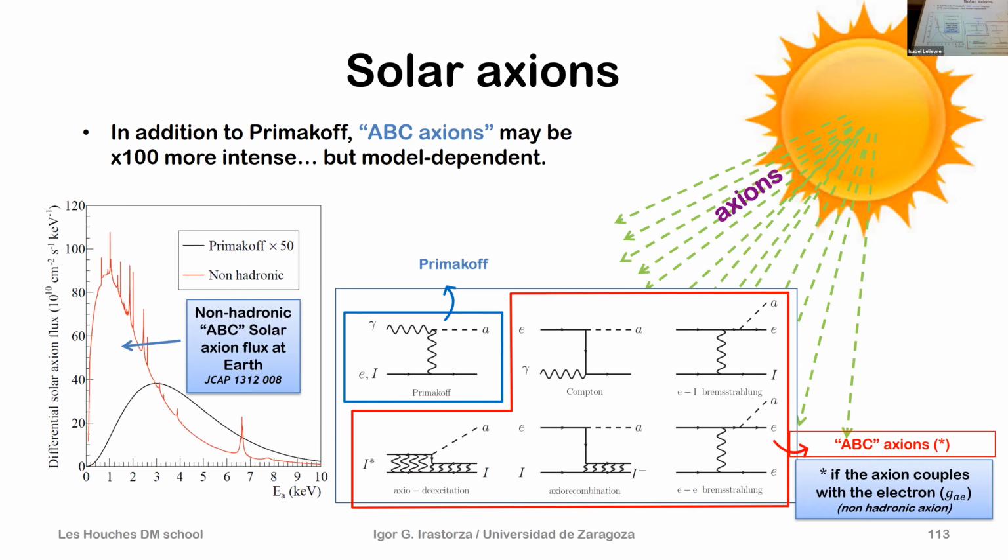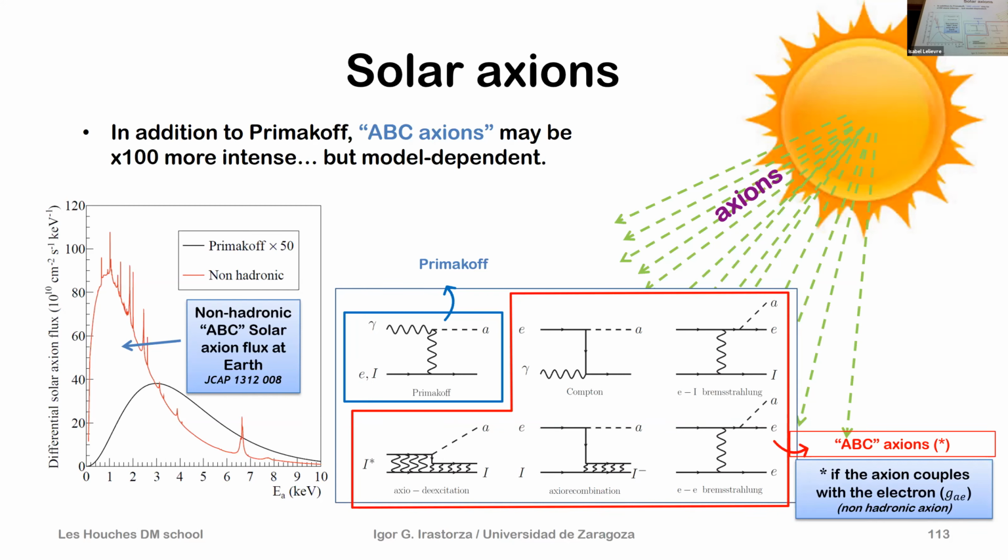But if the axion couples to electrons, which, as you know very well, is model dependent, not necessarily given, but an option for some models, then you have additional channels of production. So this is the Primakoff, the basic channel based on the axion photon coupling, but then we have Compton, which already appeared in the past in astrophysics, no?